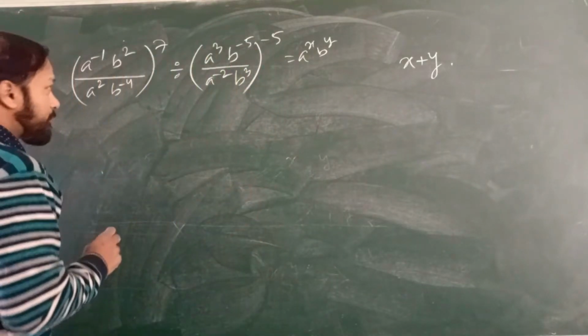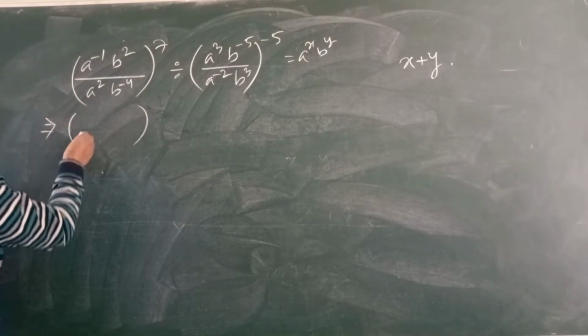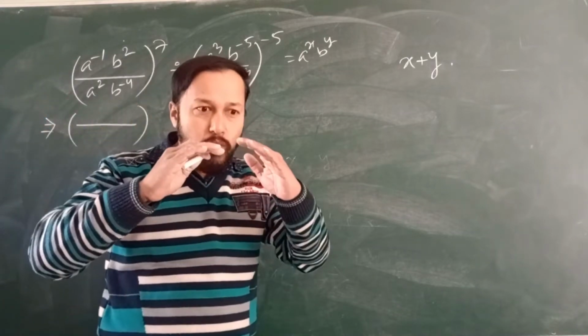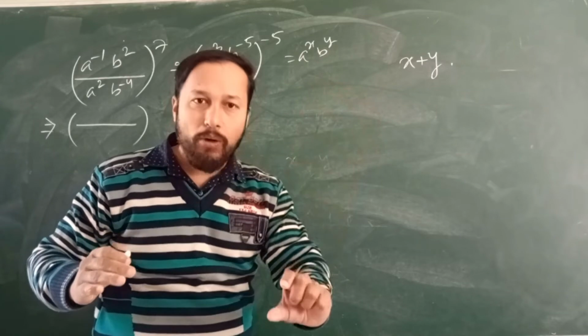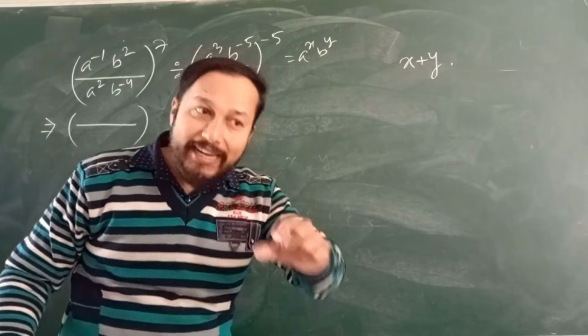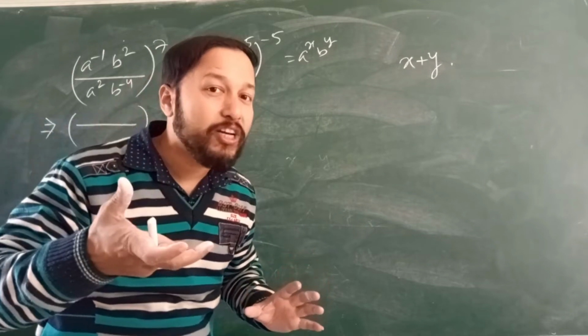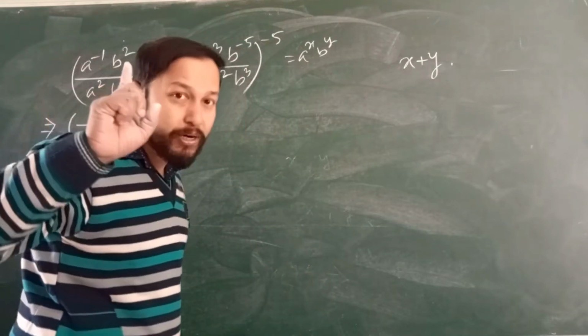See, first of all, I told you that if the power is negative, then you take it down, or if it is already down, take it up. If the power is negative, it will convert into positive. We discussed this rule in the first part of the video.